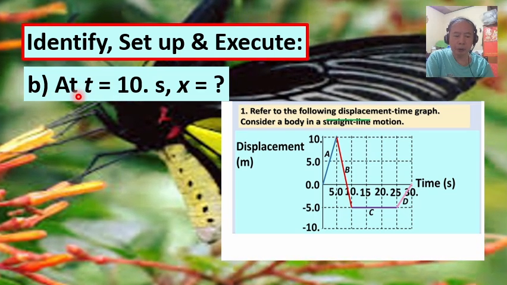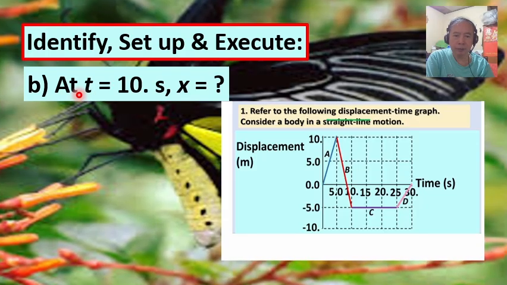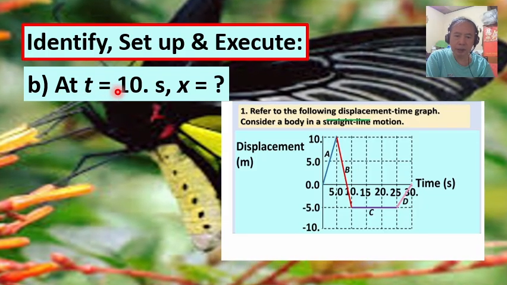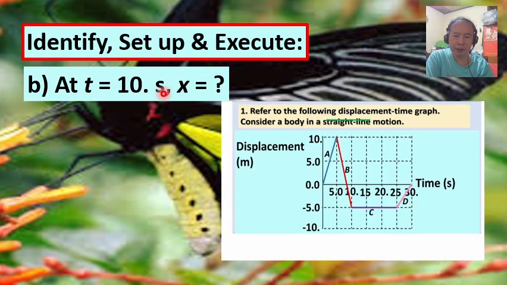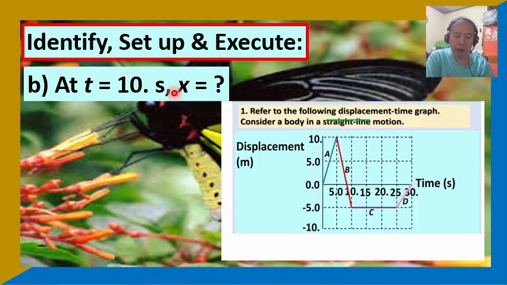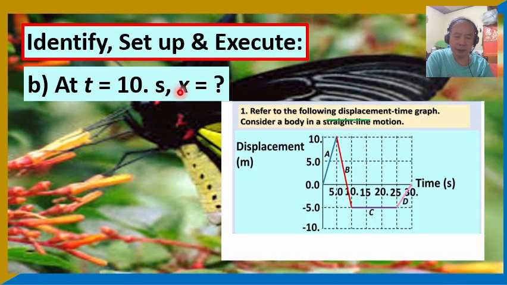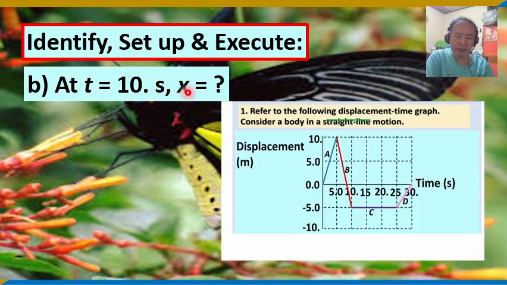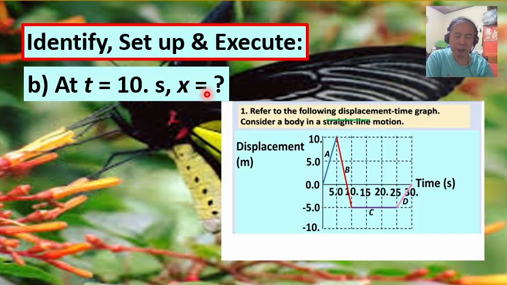Our second example is at time t equals 10 seconds, where is the body? All right, where is the body located relative to the origin?